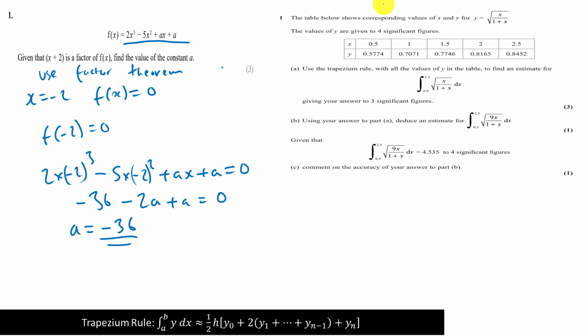Okay, so this is integration using the trapezium rule. Now here's the formula below. You can see it here. And you just need to apply this, so it is some nice marks. Now, we haven't learnt this yet, but we'll go over it soon. So, the h is the difference between here, what the x is going up by. So that is h equals 0.5.